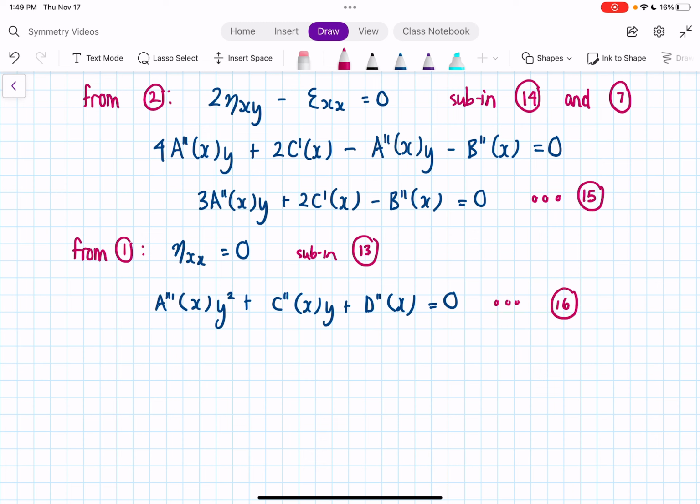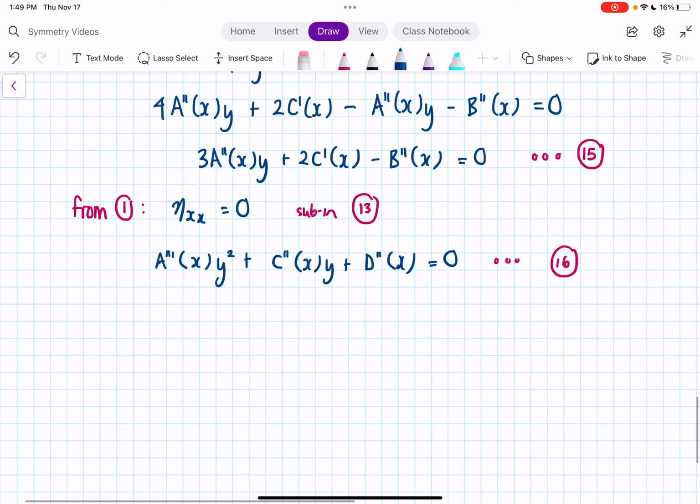So from 15 and 16, what we do is we equate the coefficients of the powers of y, and then we're going to use those to solve. So it's long, but it's not hard math, it's just a lot of calculating. So I'm going to put a little what we're doing here.